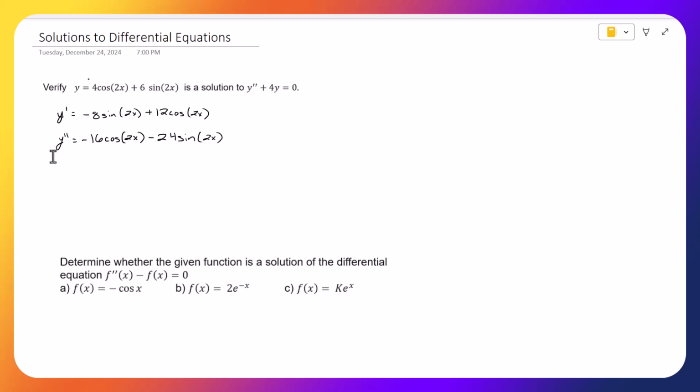And the second derivative is y double prime equals negative 16 cosine of 2x minus 24 sine of 2x.